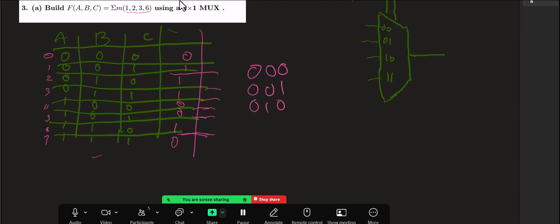So if we look at that, what you can do is say that A, B together make 0 for those 2 rows, 1 for those 2 rows, 2 for those 2 rows, and 3 for those 2 rows.